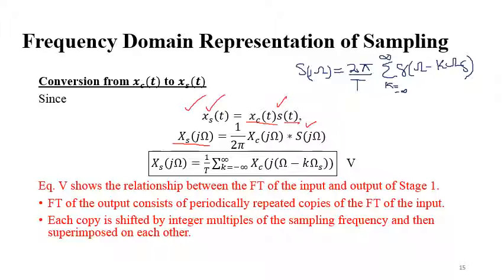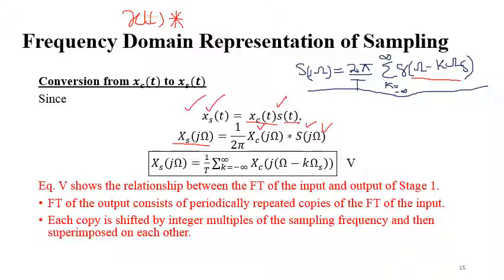Now we just found S(jω). If we convolve X(jω) with S(jω), again you can see that it's an impulse train, and because impulse is the identity of the convolution, if you convolve any signal with impulse you get the same signal. It's the same whether you're doing the convolution in time domain or in frequency domain.